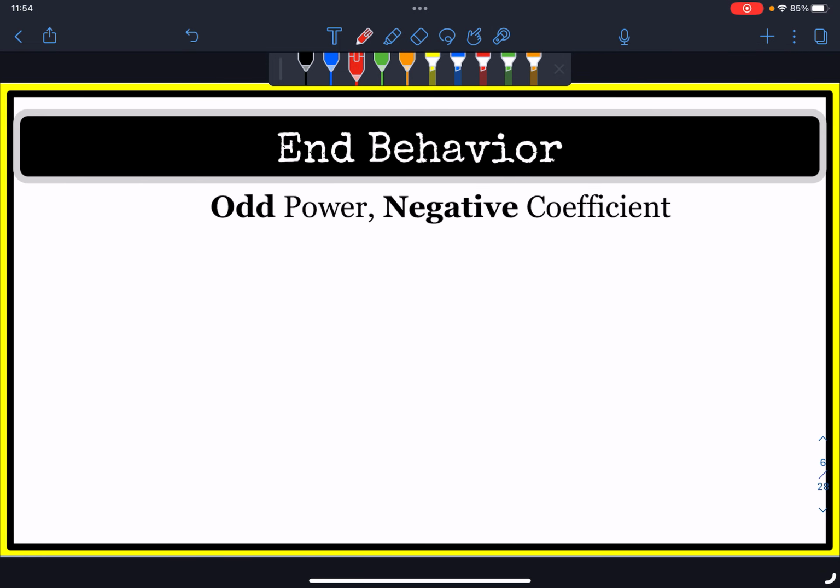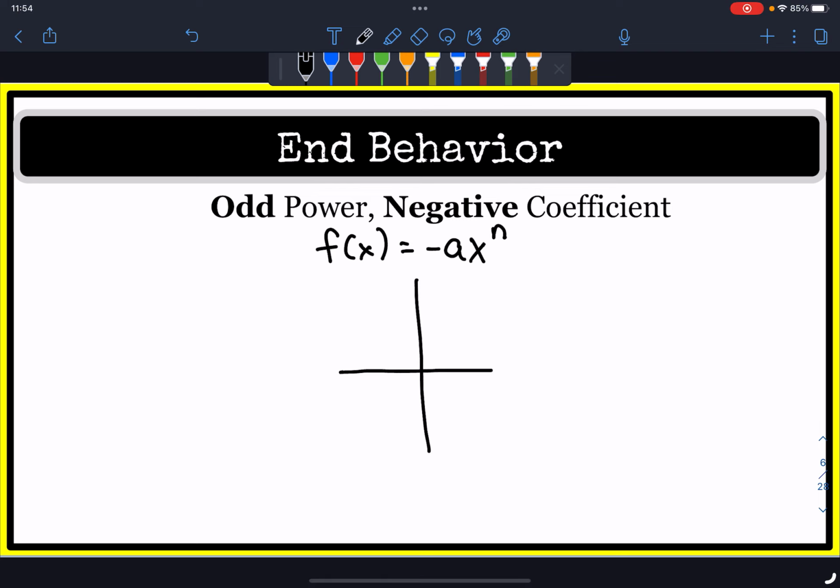And finally, if I flip it around and have an odd power but a negative coefficient, then our power function simply gets flipped upside down, and instead of increasing, the function decreases. So this is a decreasing power function with an odd exponent.